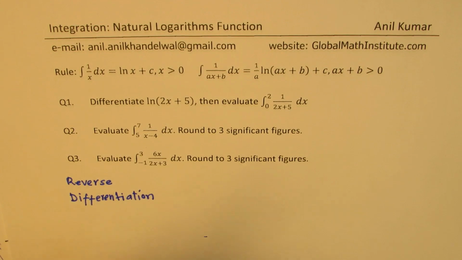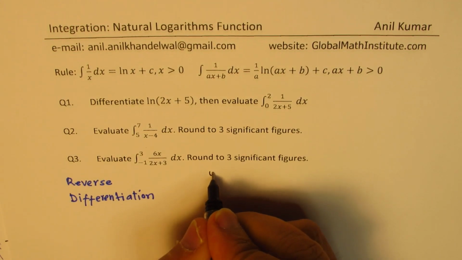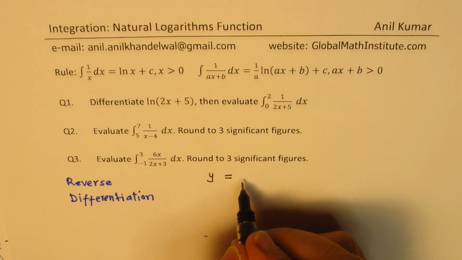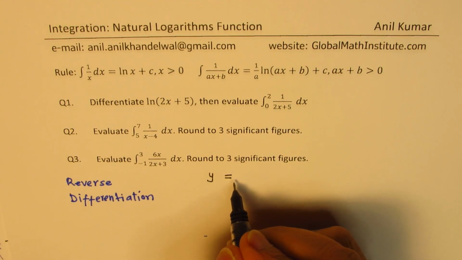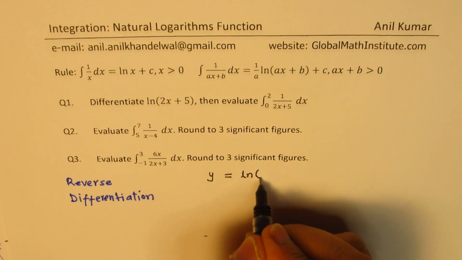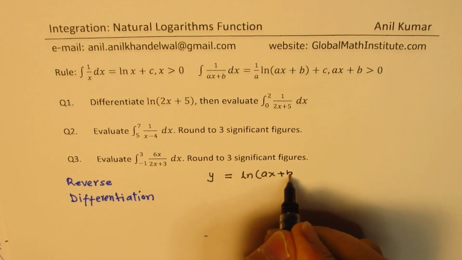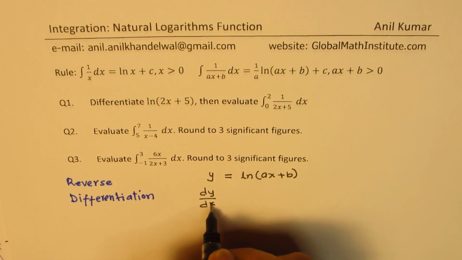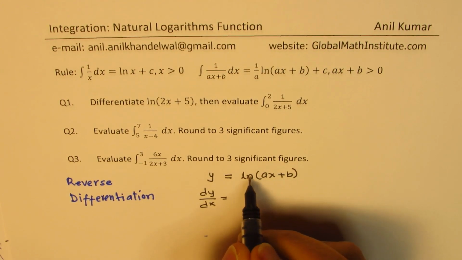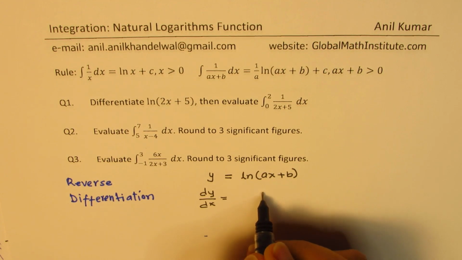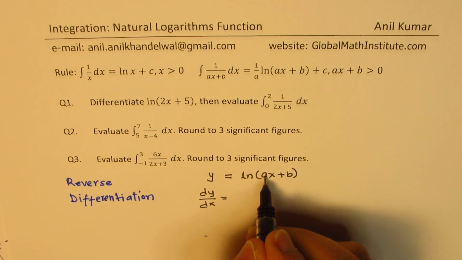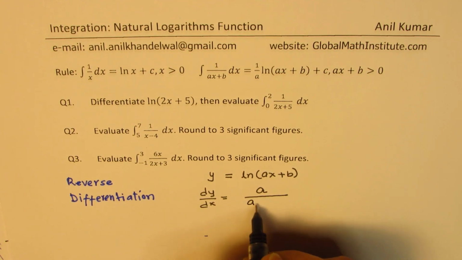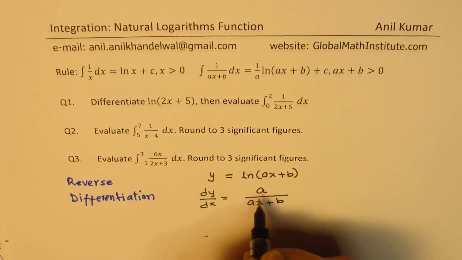We know that if the function is given to us as y equals ln(ax plus b), in that case dy/dx is the derivative of ln, which is 1 over the function, and then we have to multiply by the derivative of the inside function. So we get a over ax plus b, correct?